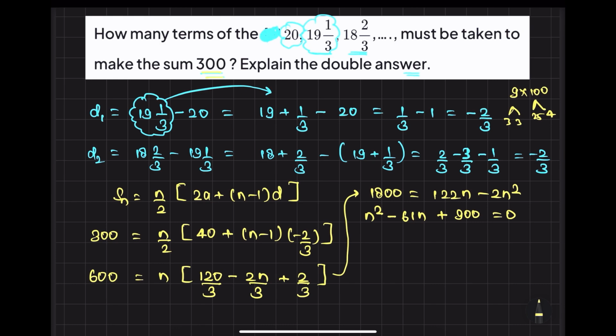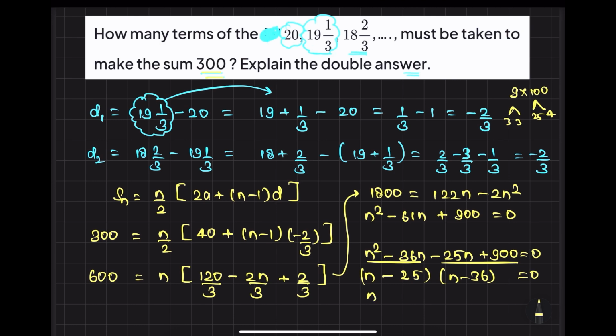So we can write this as n square minus 36n minus 25n plus 900. Now factorize. We take n common from here and minus 25 from here, and we are left with n minus 36. So n will become 25 and 36.